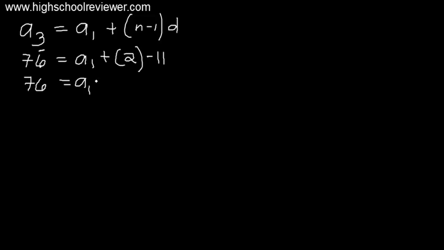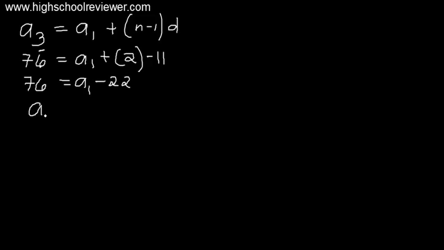So positive 76 is equal to a sub 1, which is unknown, plus n, the third term, so 3 minus 1, that is 2, multiplied by d, which is negative 11. So positive 76 equals a sub 1 plus 2 times negative 11, this will be negative 22.